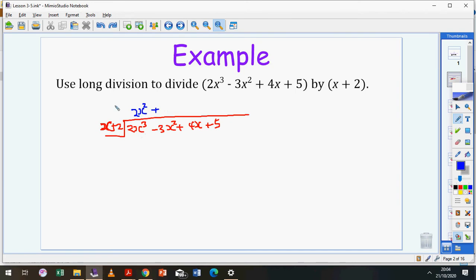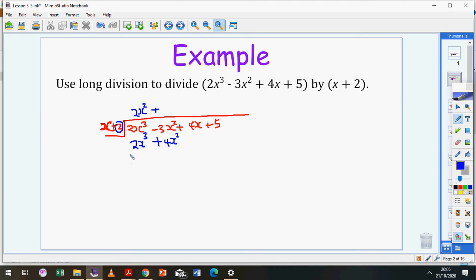Now, coming back, 2x squared times x gives me 2x cubed. And now I'm going to use the constant term. 2x squared times positive 2 is positive 4x squared.